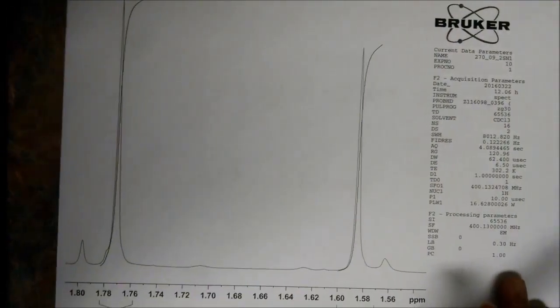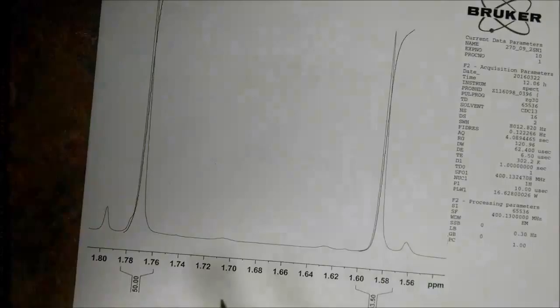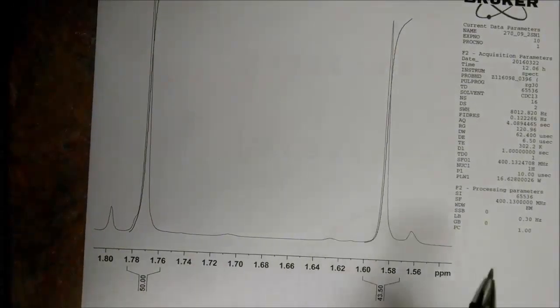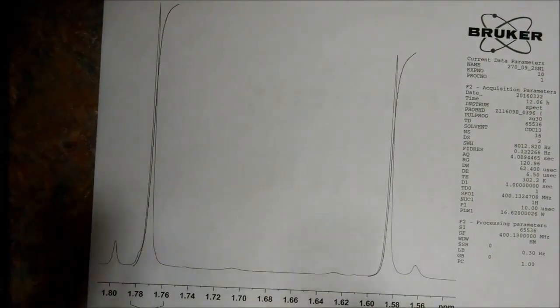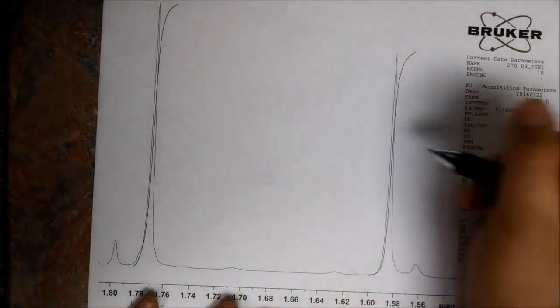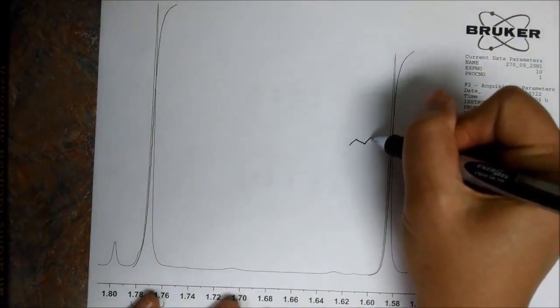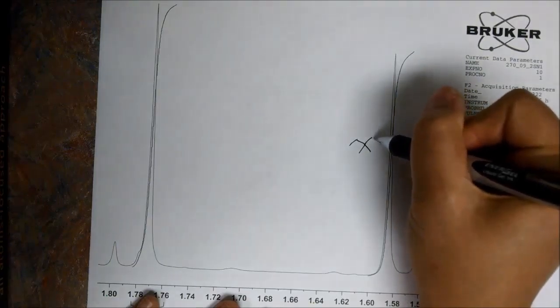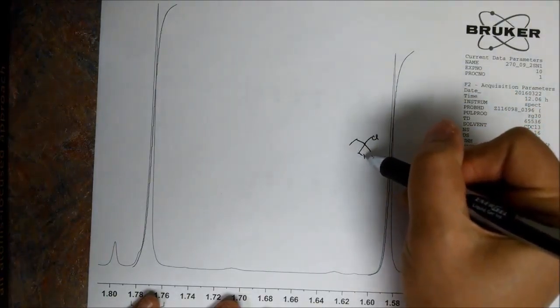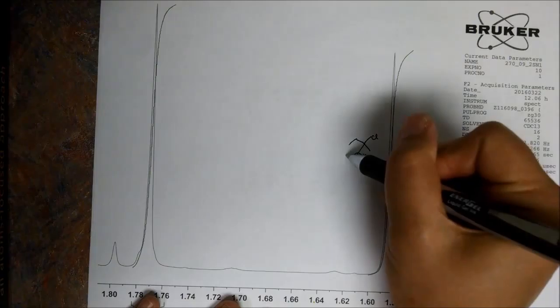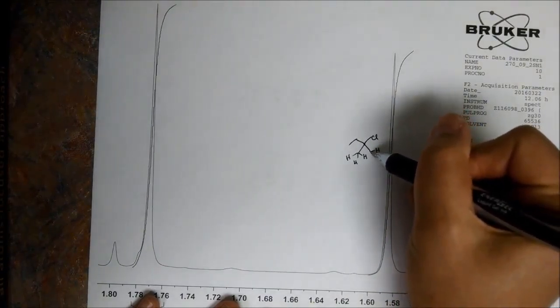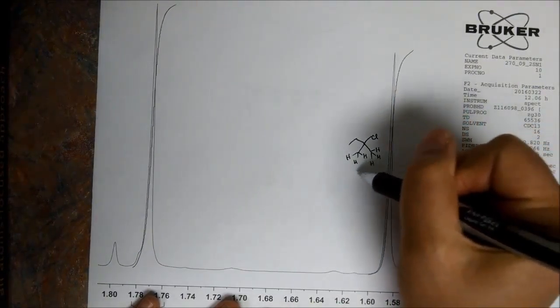But this is actually just what we're going to be looking at, a very small window of the entire proton spectrum. And so these peaks actually correspond to these protons right here.